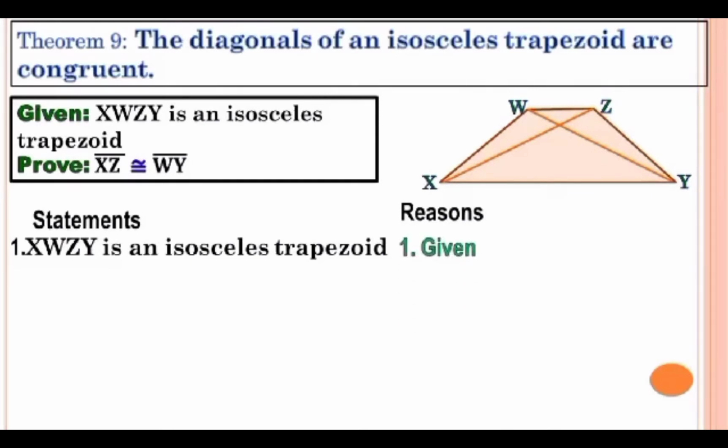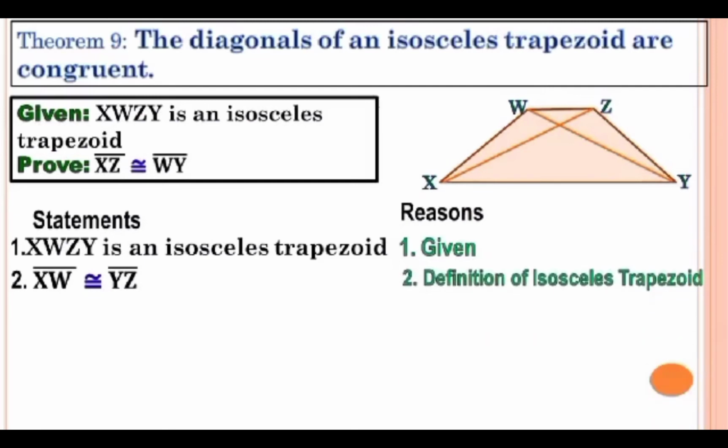Given. Next statement, we have segment XW is congruent to segment YZ. Reason, definition of isosceles trapezoid. Next, segment WZ is congruent to segment WZ. Reason, reflexivity.